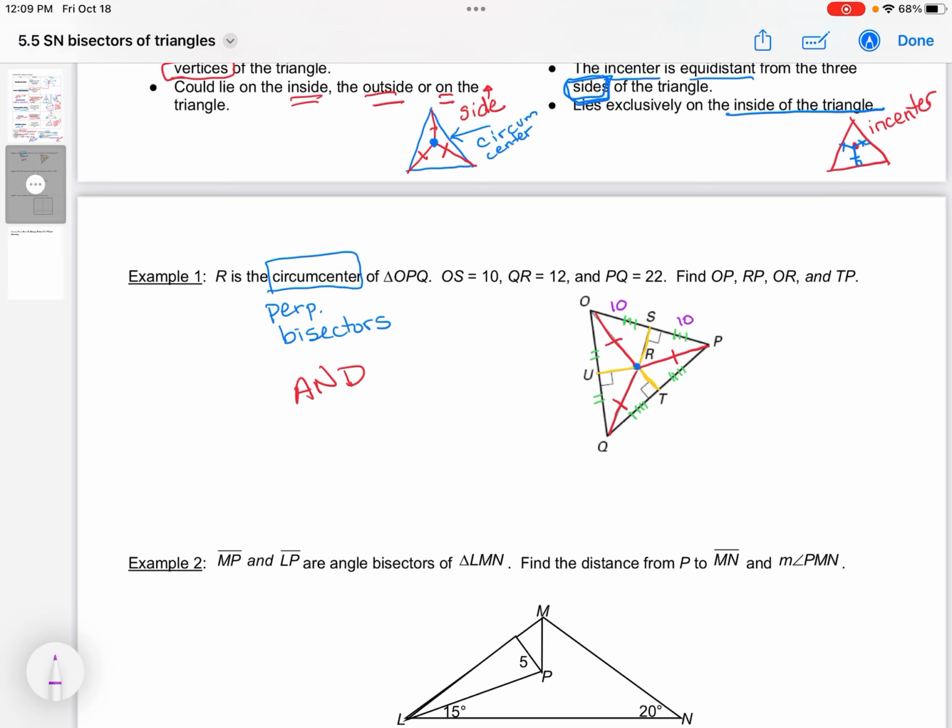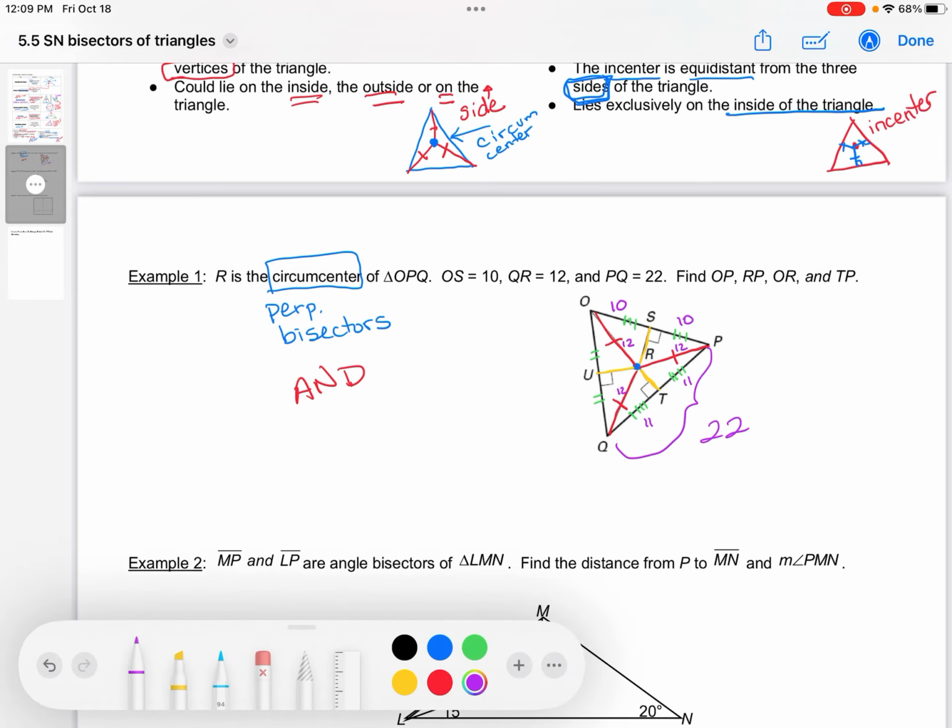If Q to R is 12, then all my red lines are going to be 12. P to Q is 22. So if this whole thing is 22, then each one of the little parts is going to be 11 because it's cut in half.